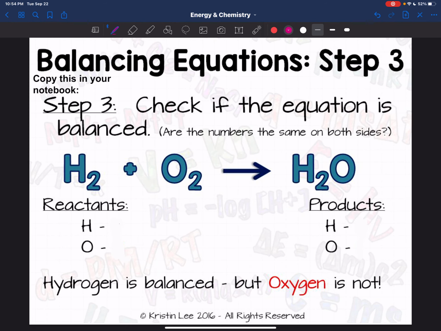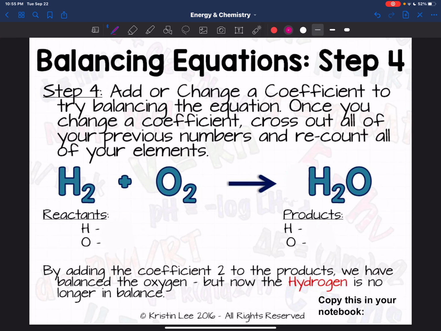Next up, we're going to check to see if it's balanced. We said hydrogen had 2, oxygen had 2, hydrogen had 2 and oxygen had 1. So right now, oxygen is not balanced. If it's not balanced, we're going to have to balance it by adding coefficients.